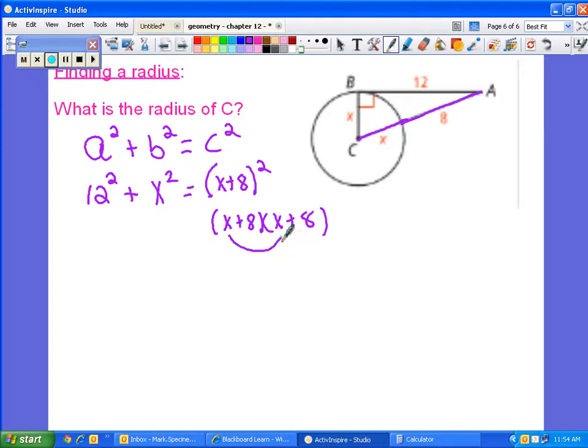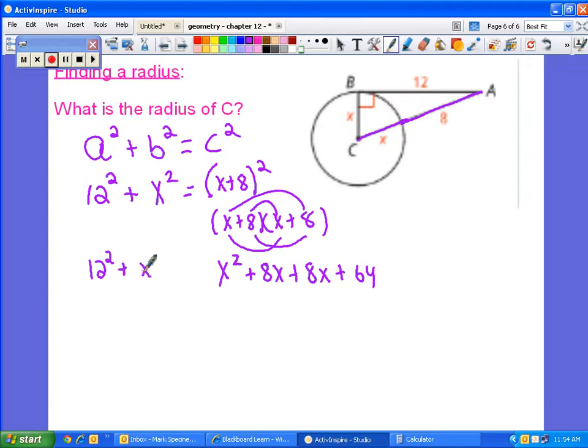First term. So I have x times x is x squared. Inside, so I have 8x. Outside, good. So I have another 8x. And then last, so I have 8 times 8, which is 64. So I have 12 squared plus x squared is equal to all this.